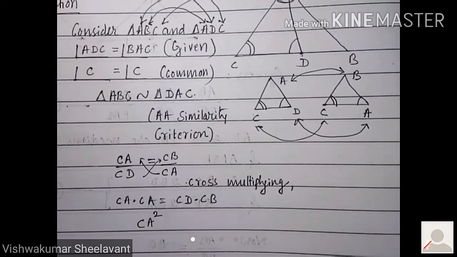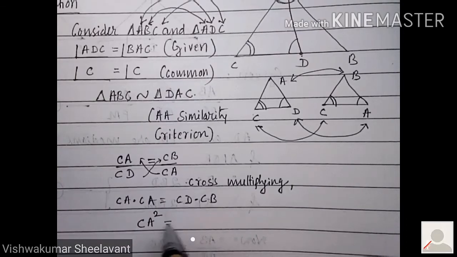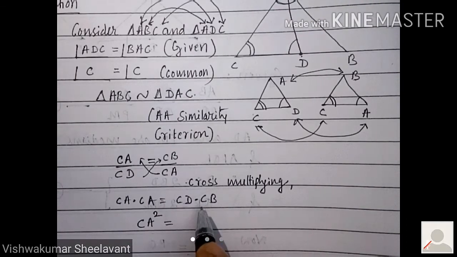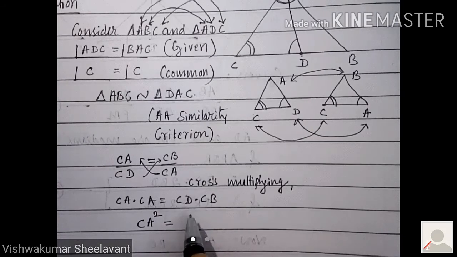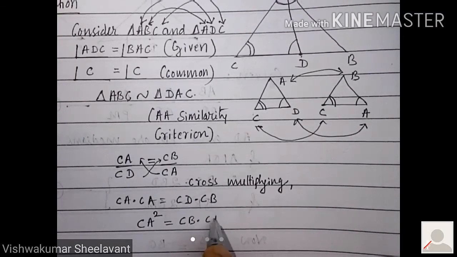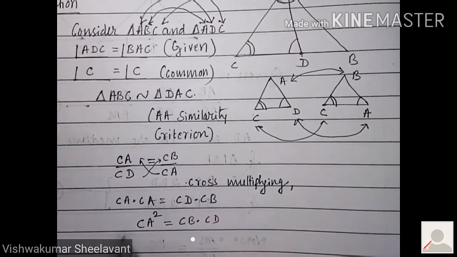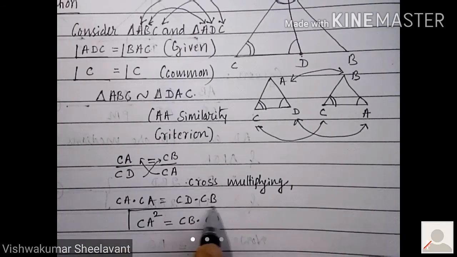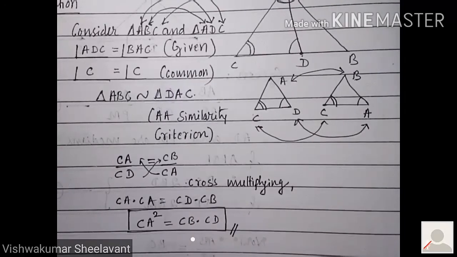CA square. Multiplication is commutative. That means you can interchange the multiplicands. So write here CB into CD. Hence proved.